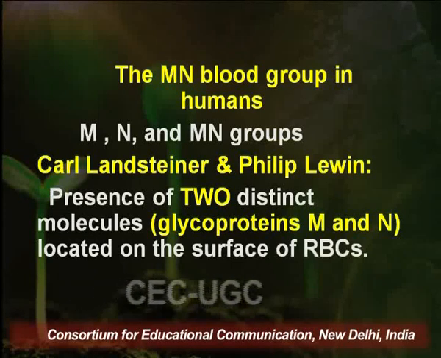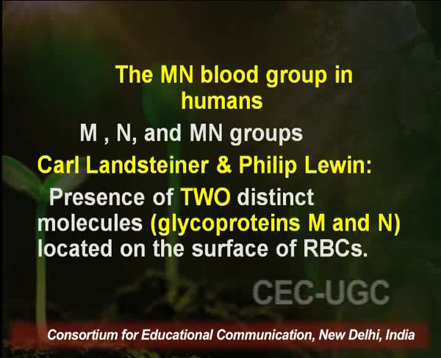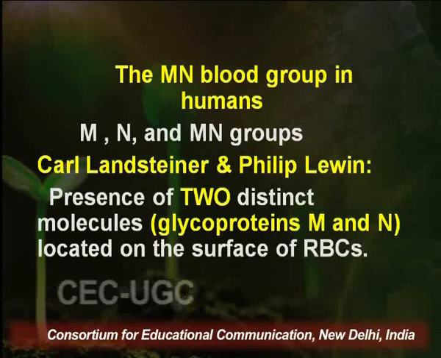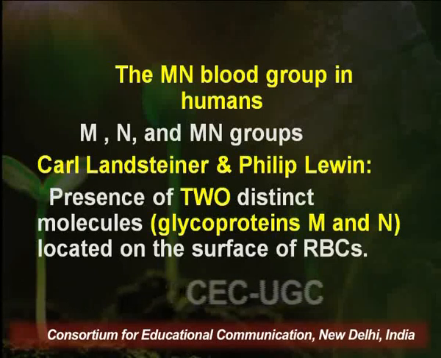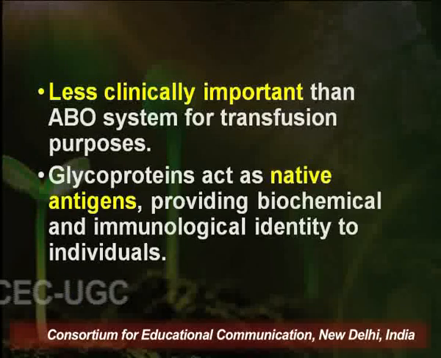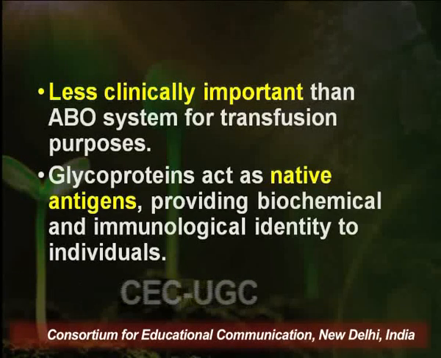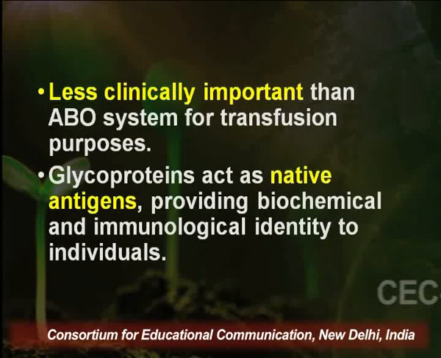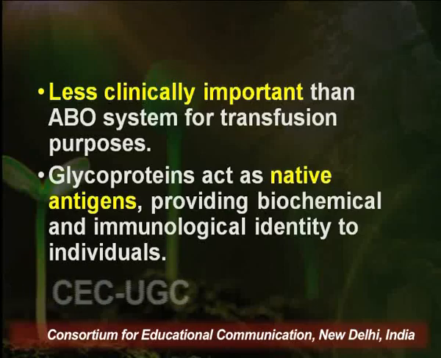Karl Landsteiner and Philip Levine observed the presence of two distinct molecules, obviously glycoproteins. They are located on the surface of the RBCs, and by virtue of these two, M and N, these antigens provide the right biochemical and immunological identity to individuals.